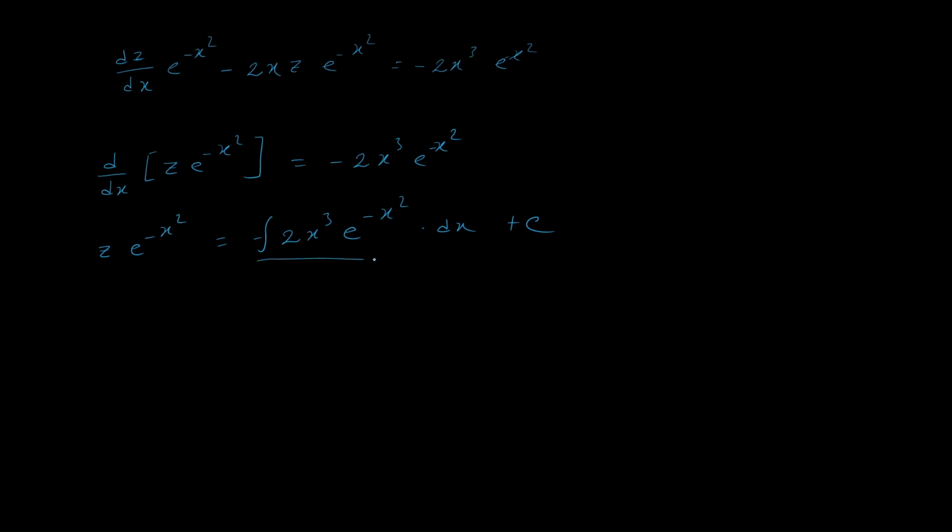Let's find the value of this integration. To get the solution of this integral, let minus x square be equal to t. That means minus 2x dx is dt.